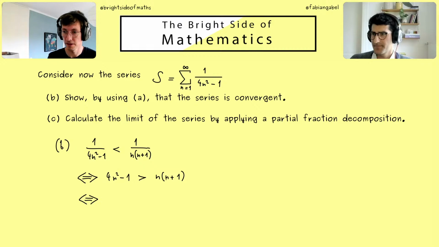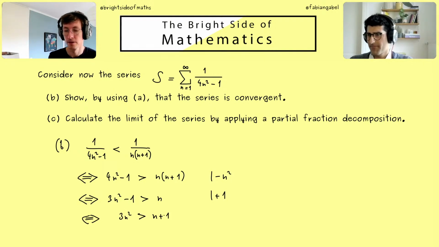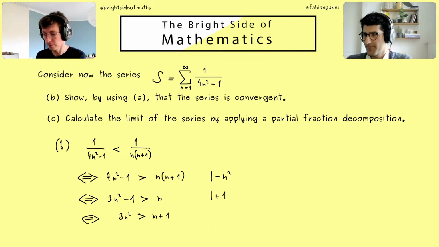So there we have n squared plus n. So I can subtract 1 n squared. So I have 3n squared minus 1 is greater than n. So maybe also put the 1 on the other side. Works. 3n squared, and then we have n plus 1. Okay, there I already see this works.